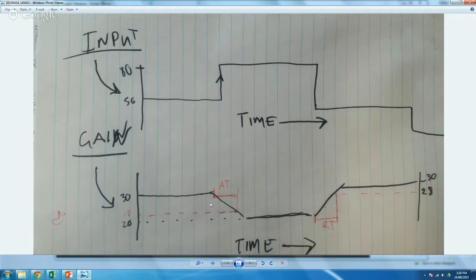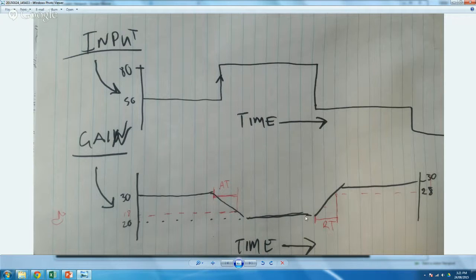So here you can see the signal has increased, the gain is going to drop from 30 and it's going to end up at 20. So the attack time, if we're using the 2 dB rule, which I think is the International Electrotechnical Commission's guideline, is based on the point at which it reaches 18 dB gain. Okay, and similarly, now we're going along and the gain is still low.